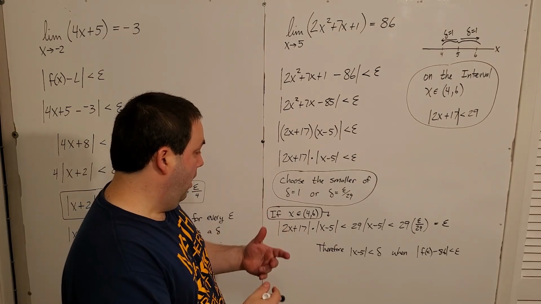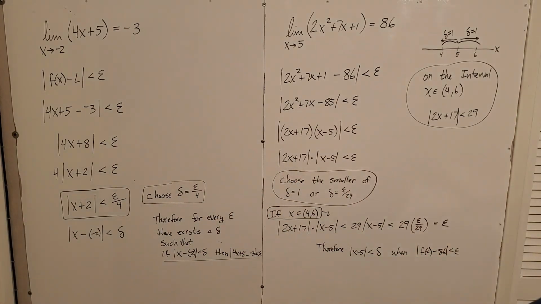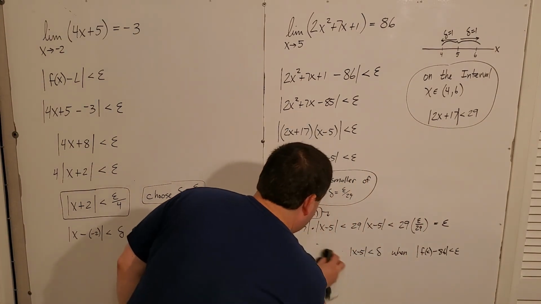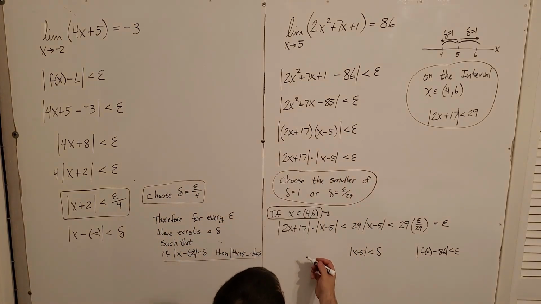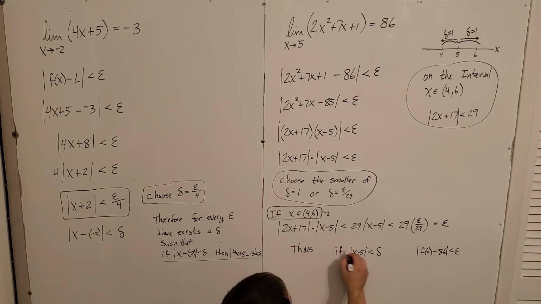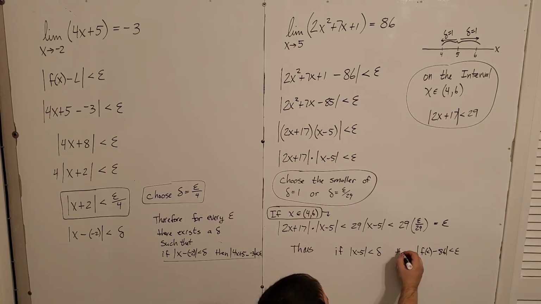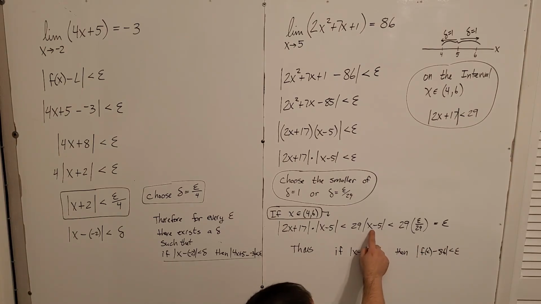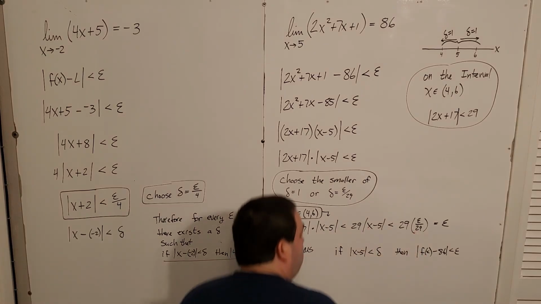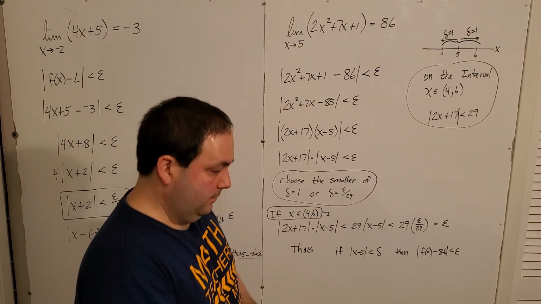Or maybe some better language for that would be, thus, if this is true, then. And that's really the way you want to say it. Because if this is true, then I can say this last step right here is true, is equal to that.